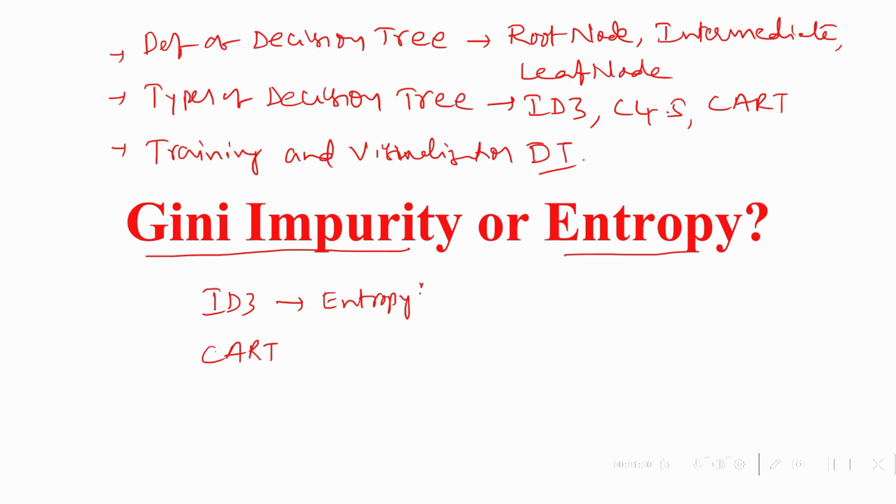That parameter is used to construct the decision tree with the help of the ID3 algorithm. Whereas the CART algorithm internally uses the concept of Gini impurity. Now we are going to discuss in detail when we use Gini impurity or entropy.